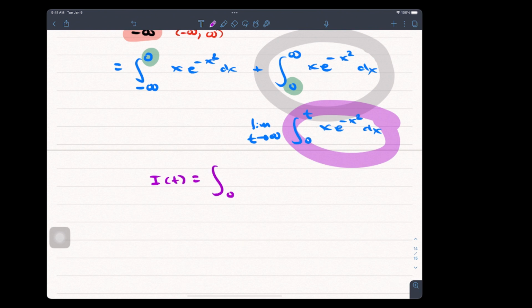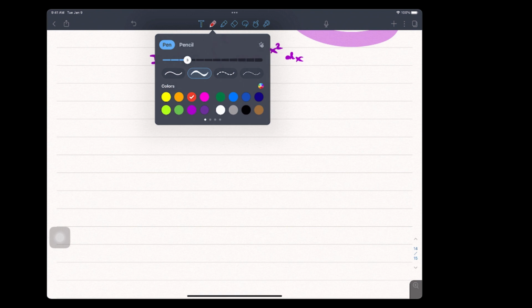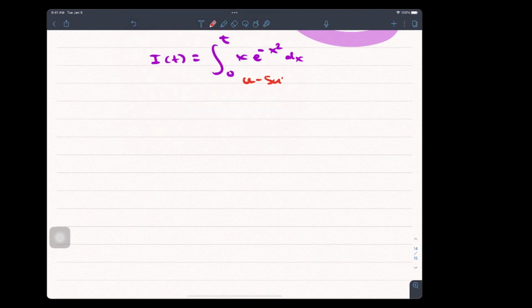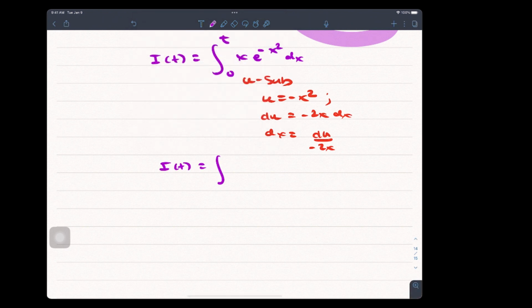So, ladies and gentlemen, for this I of t, tell me, what would you guys do? How do you integrate this? U sub, and u would be minus x squared. So du is minus 2x dx, and dx will be du over minus 2x. So we got to integrate x e to the u du over minus 2x. Your x goes away.